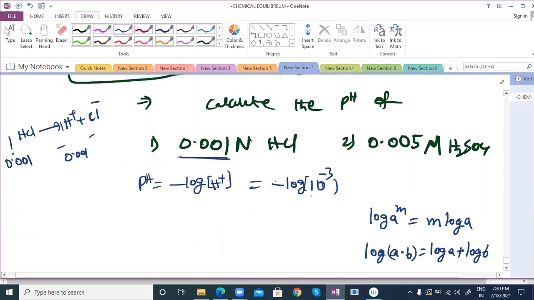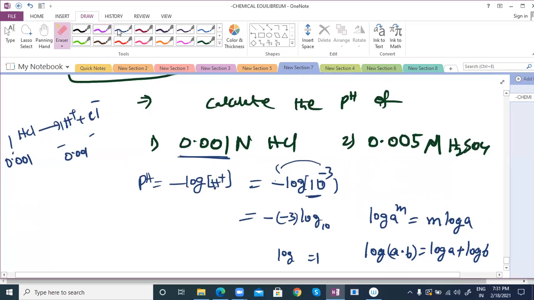So log A power M gives M log A, so this 3 will come here: minus 3 into log base 10. Actually log base 10 value is 1, or log 10 equals 1. If you know that value, it is easy for us.